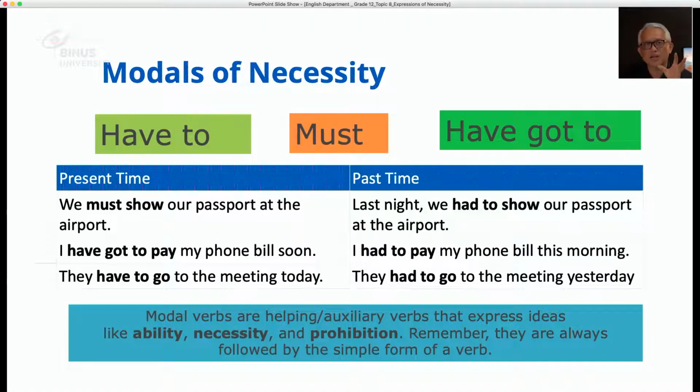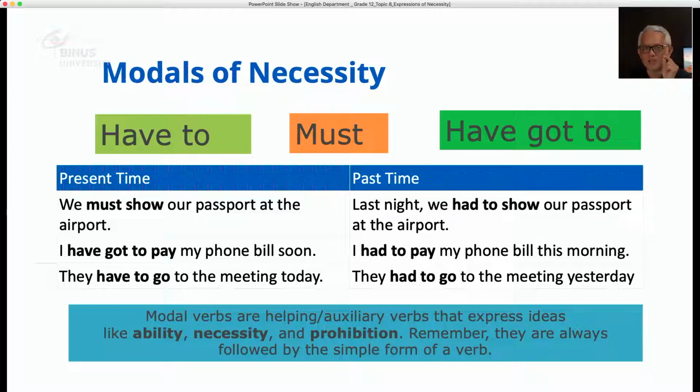All right, so those are the 3 things that we would focus on today. Now, let me give you more examples of how these modals are used in different tenses. The first one is the present time with must. We must show our passport at the airport. Right? We must. It's an obligation. It's not only a necessity, it's an obligation, something that you have to perform in front of the immigration people. And then past time, now this is the unique thing about must.